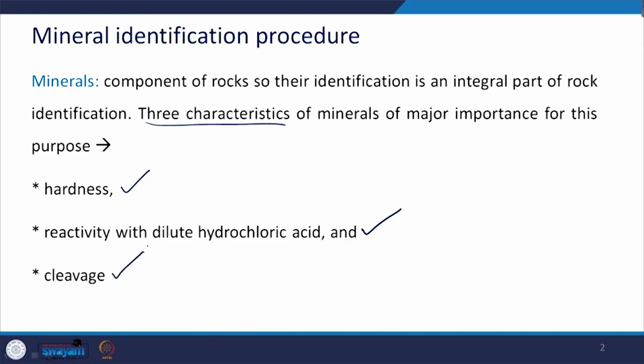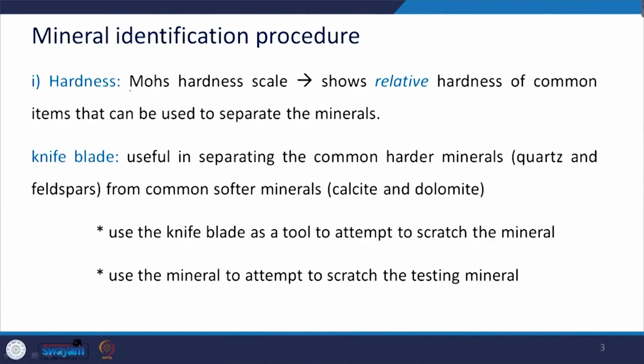So let us see them one by one. First we will discuss how, on the basis of hardness, one mineral is different than the other. For this there is a scale available to us which is called the Mohs hardness scale.